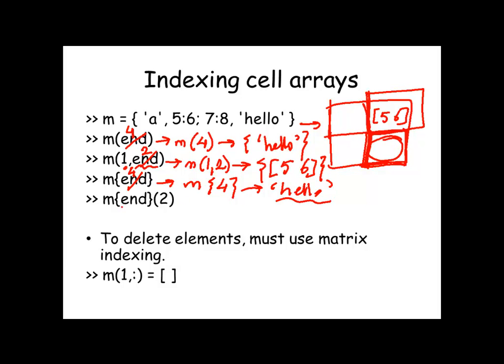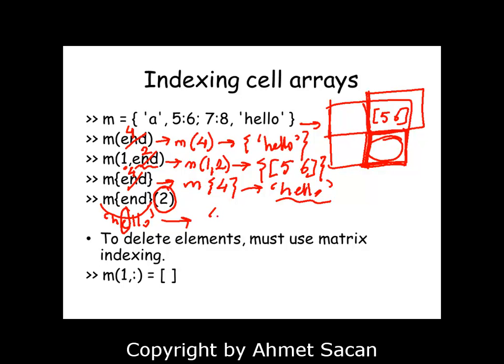The last example shows how I can chain different indexes. Again, M curly brackets END will give me the word hello, and in that vector I'm indexing the second element of it. The second character will be character E, so I will get a single character E.